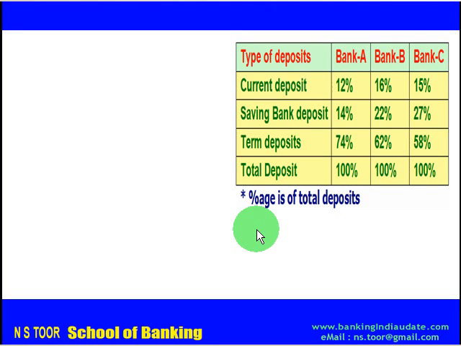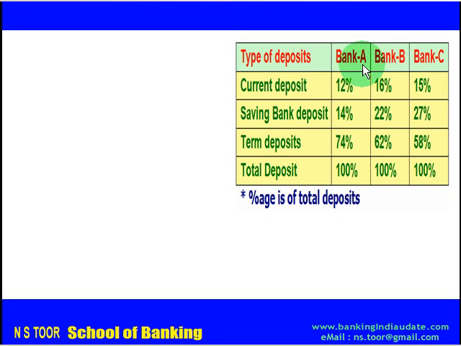Now let us see the impact of composition of the deposits. Here we have put a picture of three banks: Bank A, Bank B, Bank C. So we have current deposits, we have saving bank deposit, term deposit, and we have total deposit. So data here we are showing percentage of total deposits.